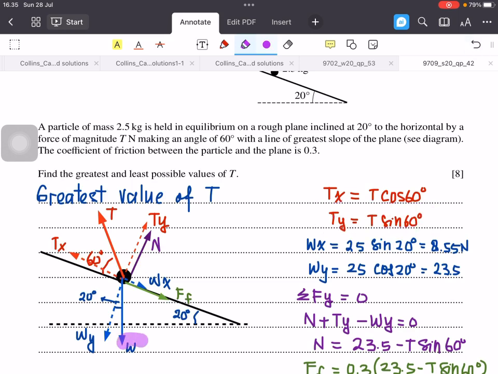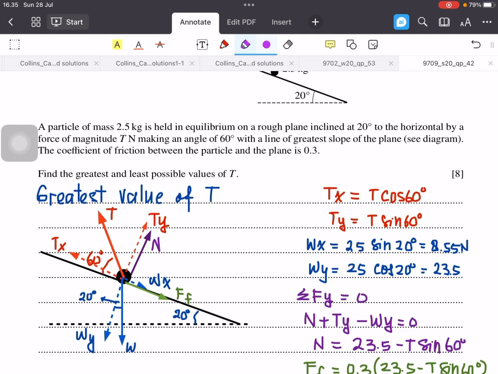And then we also have W vertically downward, and we can resolve it into x direction parallel to the plane, and y direction perpendicular to the plane. Wx is 25 sin 20 degrees, while Wy is 25 cos 20 degrees.